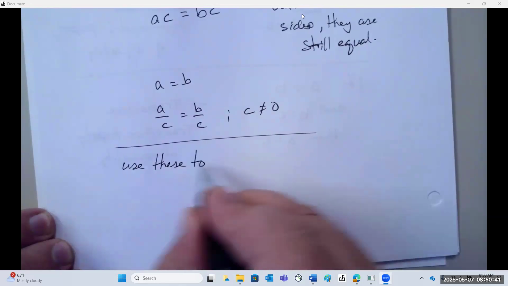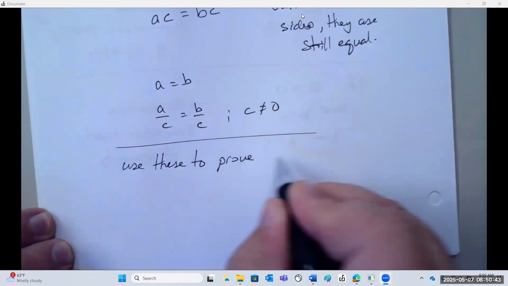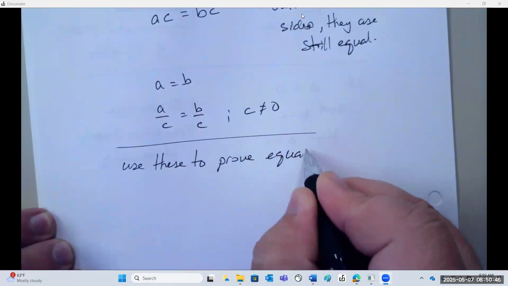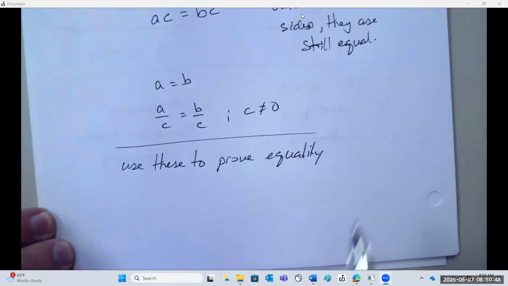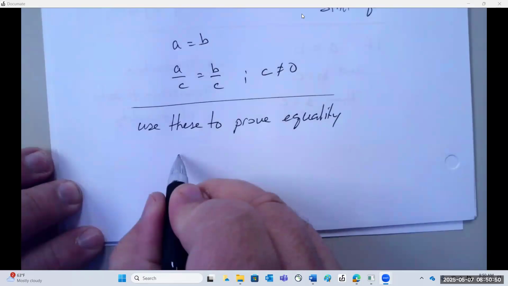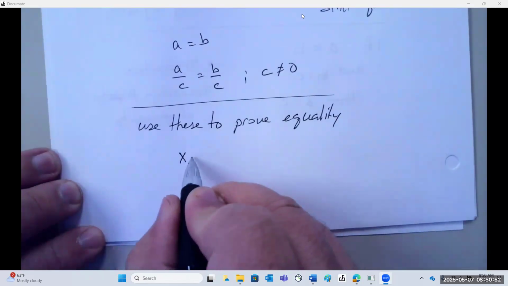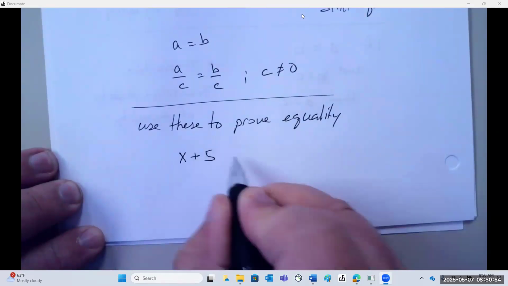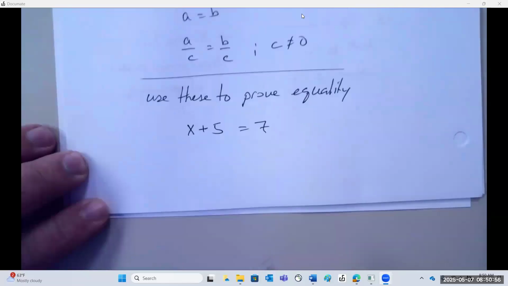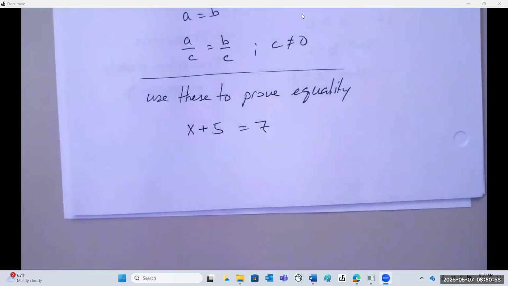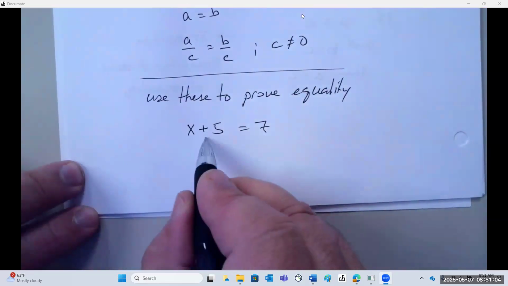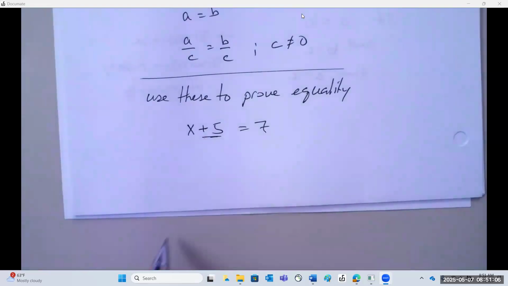Use these to prove equality. So if x plus 5 is equal to 7, that's equal, so the same. Whatever I do to one side, I do to the other side. I want to get x by itself. So how do I get rid of a positive 5?